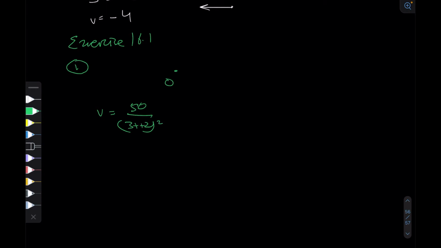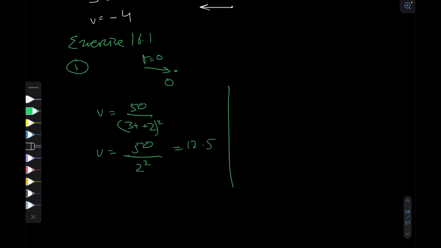Part A is to find the velocity of the particle as it passes through O. So this should be 50 over (3t plus 2) squared. When it is at O, this time is indicated by t equals 0. So if we simply input t as 0, this will give us 50 over 2 squared, and that would be 12.5.